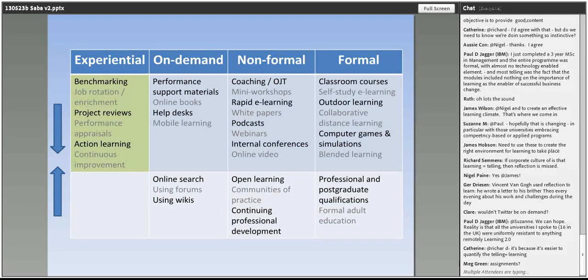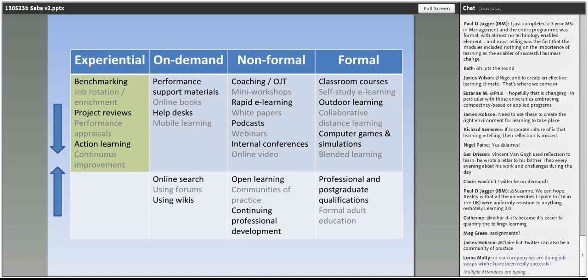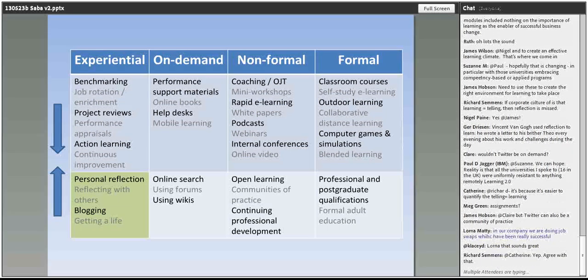We can make sure that projects are reviewed, that performance is appraised. We can use tools like action learning where we deliberately set about learning from our current work problems and have a policy of continuous improvement. And some things come from learners themselves, from employees themselves.